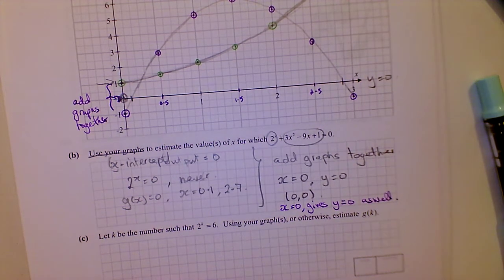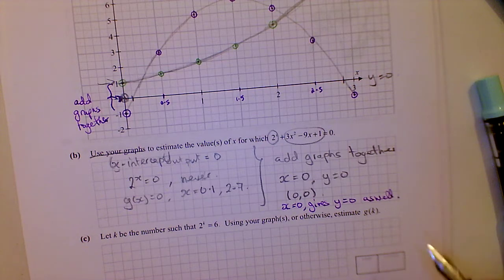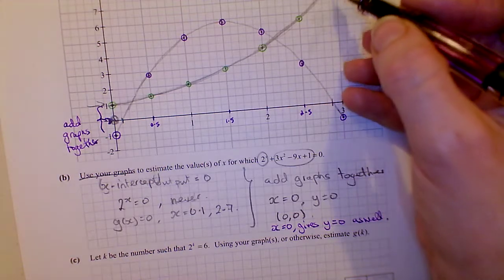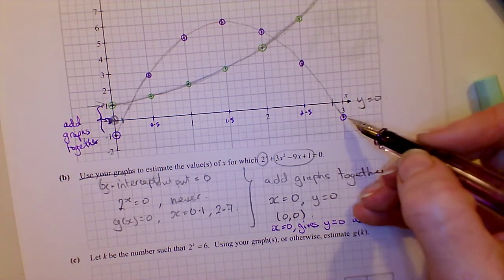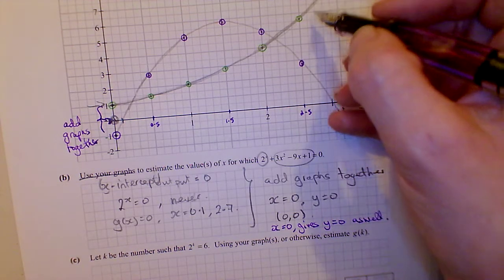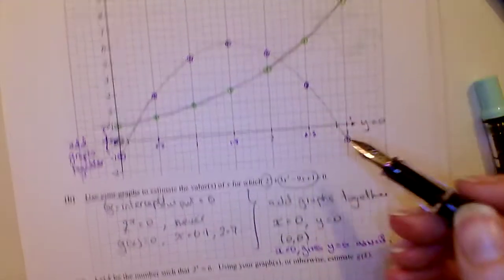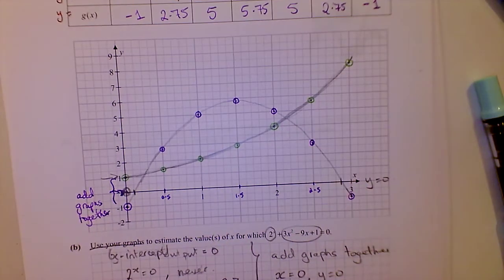Where the y values are the same but opposite? There's nowhere else that I can see on this graph in this domain that we have here.